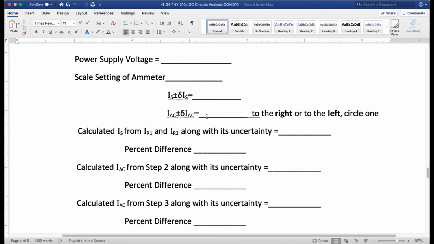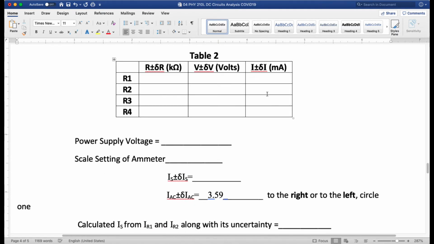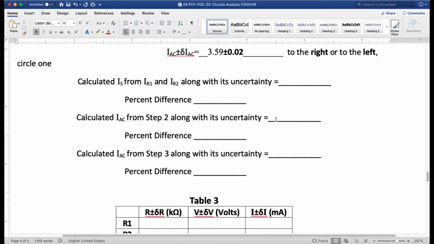So let's say you get 3.59. I'm just making numbers up, okay? Let's say you get that, and this comes from the multimeter. And then you get a value here. This value in red, you calculate.